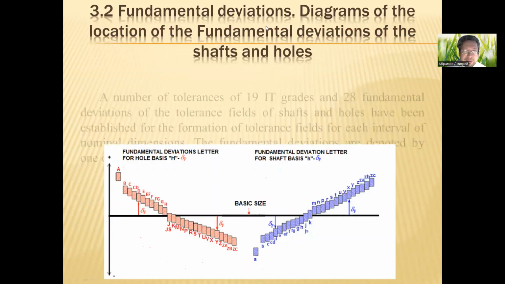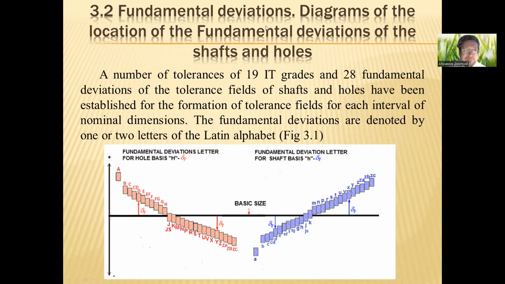And now we start item 3.2 of our lecture: fundamental deviations, diagrams of the location of the fundamental deviations of the shaft and holes. A number of tolerances of 19 IT grades and 28 fundamental deviations of the tolerance fields of shafts and holes have been established for the formation of tolerance fields for each interval of nominal dimensions.